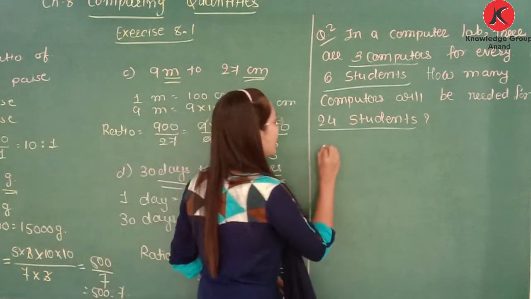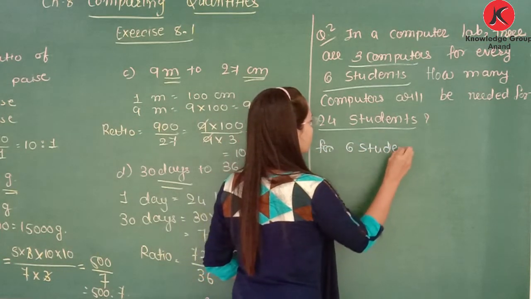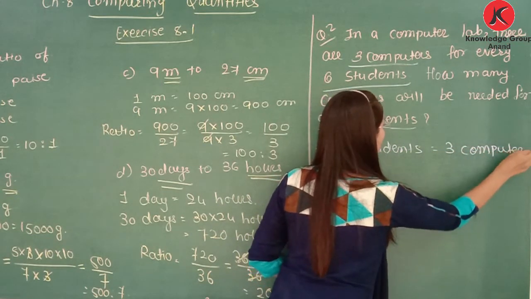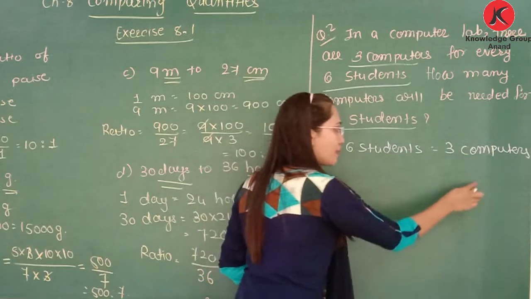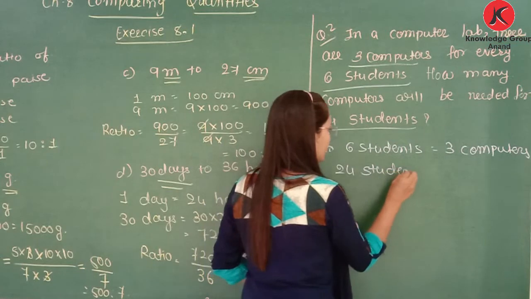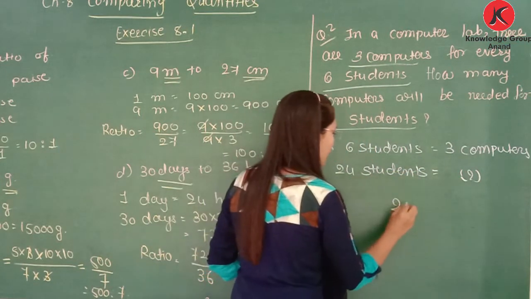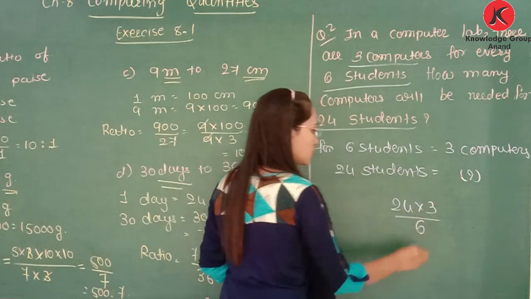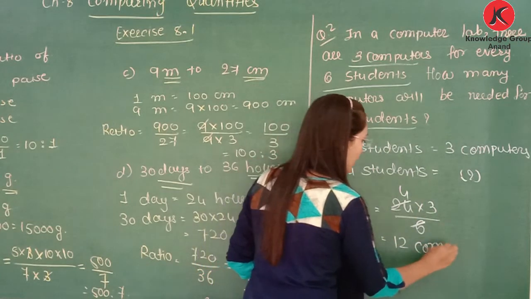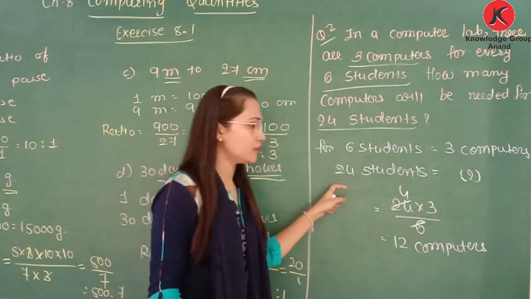Or you can solve like this: for 6 students, 3 computers. So you can write for 1 student it is 3 by 6 computer, or you can directly write for 24 students, how many computers? Now cross multiply: 24 multiplied by 3 divided by 6. 6 fours are 24. 12 computers are needed for 24 students. Clear?